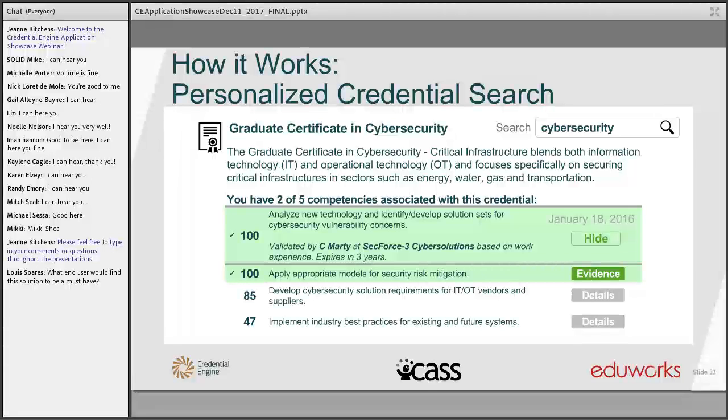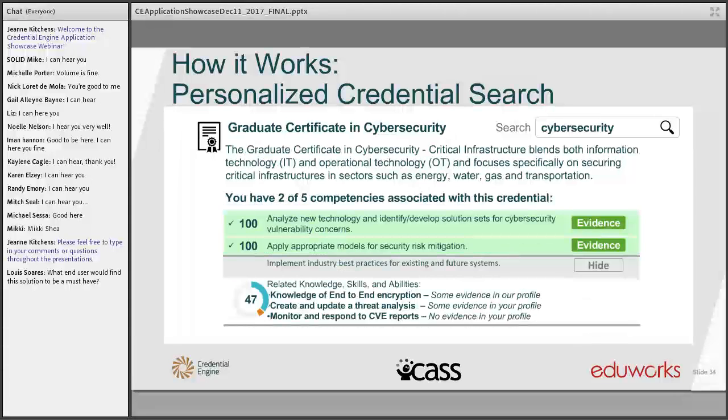So for example, the competency at the bottom, implement industry best practices, has some sort of score that indicates that you know some of it and you don't know some of it perhaps. And we'd like to learn a little bit more about that. So if you click on the detail button there, you'll see that it shows you some of the competencies that are related. Mostly in the real world, when competency frameworks are developed, they're hierarchical.